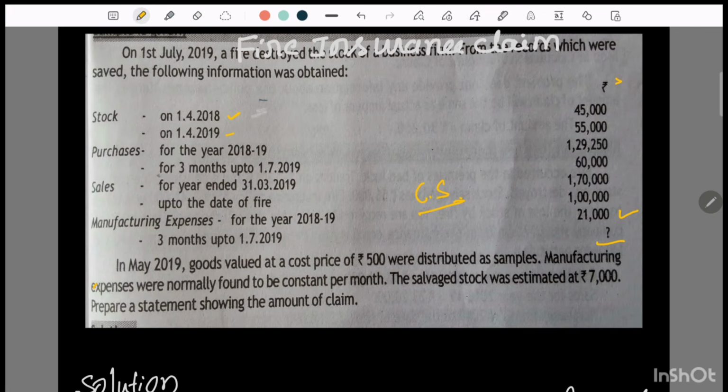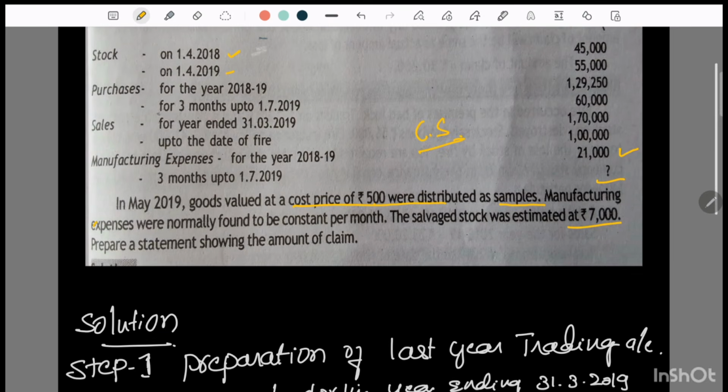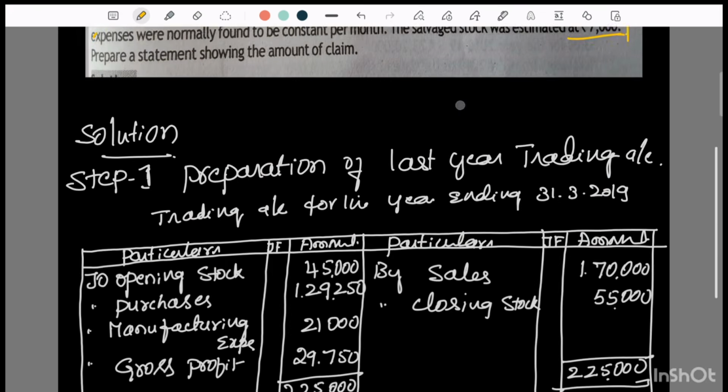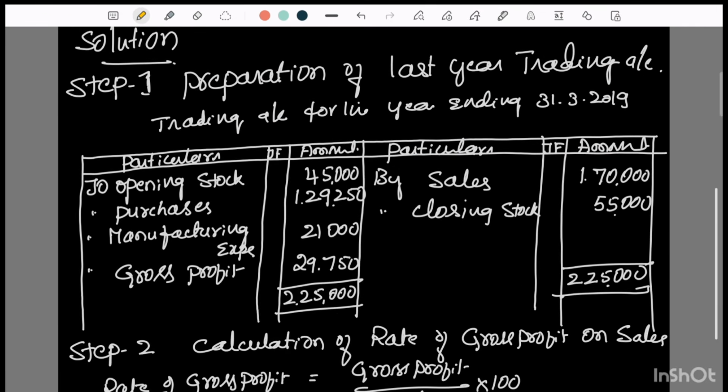For that, purchases, sales, everything is given, and during that period stock worth rupees 500 was distributed as samples, and this adjustment is to be done in the trading account. The goods which were saved from the fire accident, 7,000, are to be adjusted in the statement while finding the claim amount.